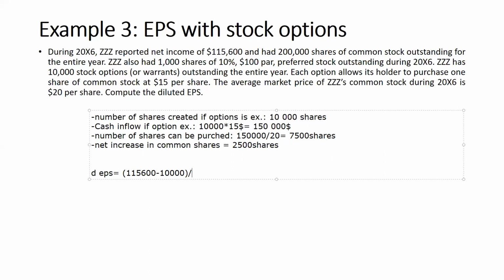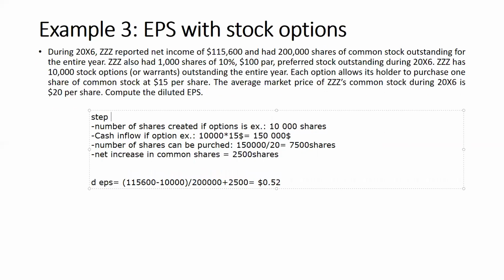Previously it was 200,000, but we add 2,500, because the net increase in common shares is only 2,500. If the stock option or warrant is exercised, we calculate the number of shares that can be purchased, and the difference gives the net increase. So here we get $0.52.